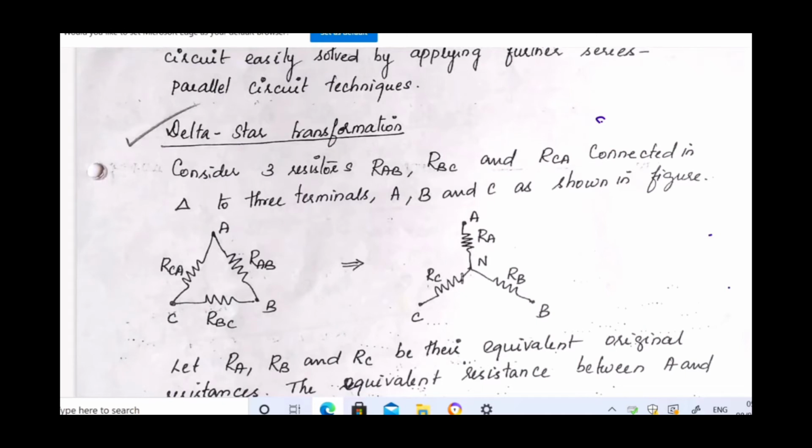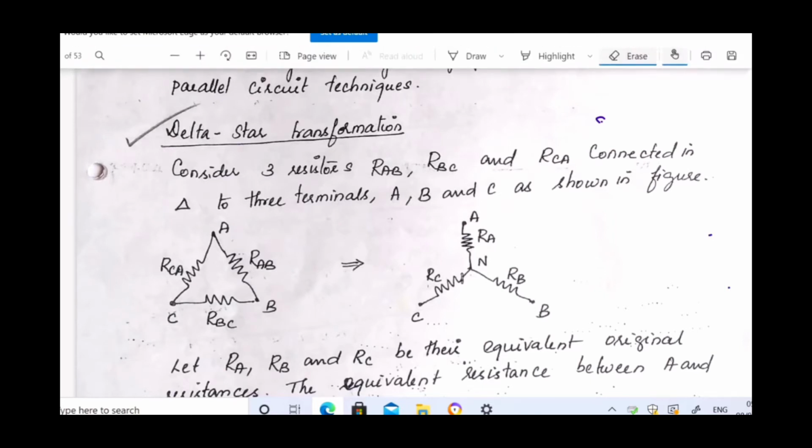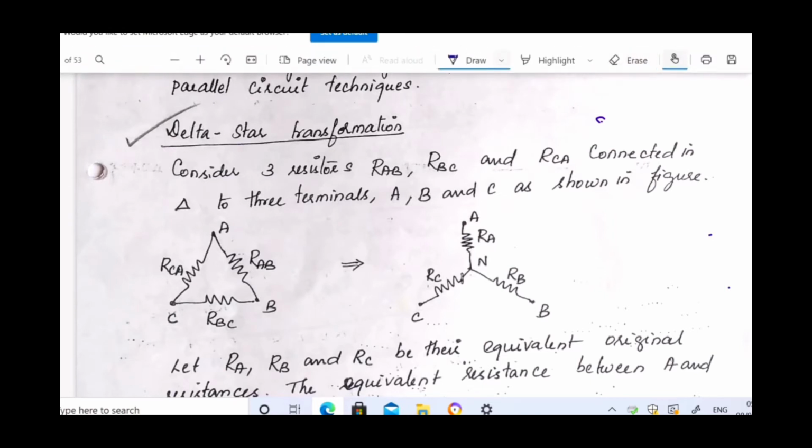In the case of a delta connectivity, three resistors are connected in a delta shape. See here, this is a delta structure: A to B, B to C and C to A. This forms a delta structure. Between the two points A and B, a resistor is connected.